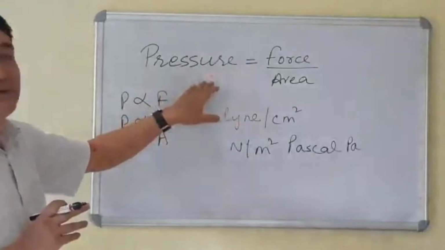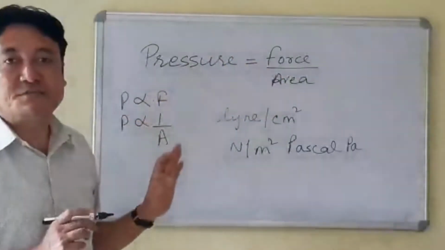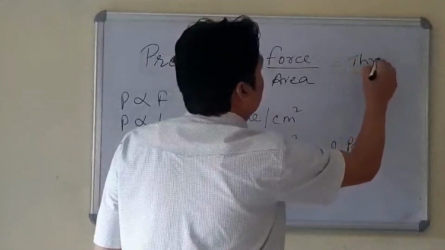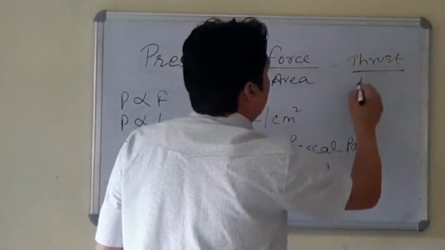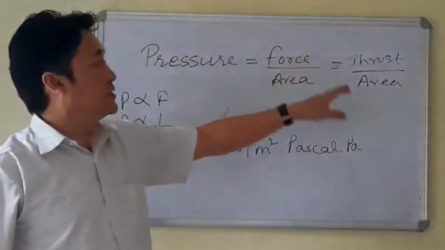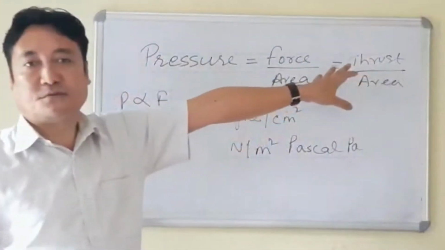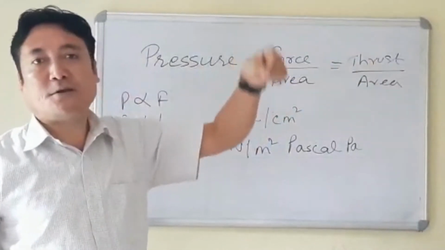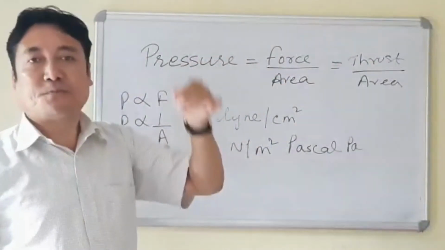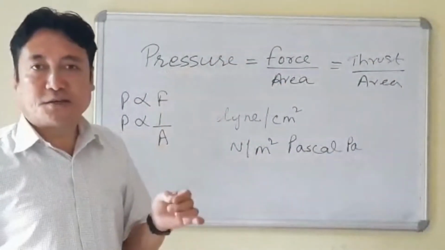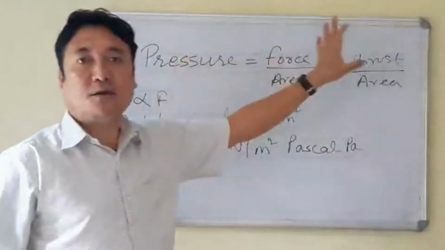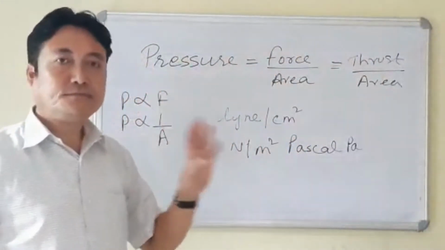Pressure equals force divided by area, or thrust divided by area. Thrust is also a force, but it is the force which acts on an object perpendicularly, or normal to the surface. So pressure equals force divided by area or thrust divided by area.